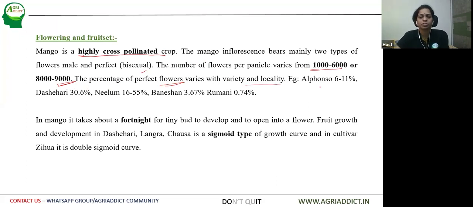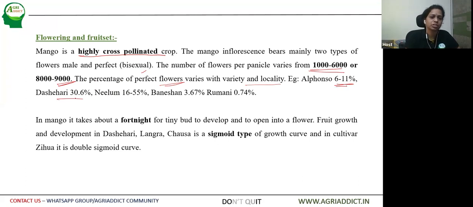Among the varieties, it is 6 to 11% only of the total flowers. If an inflorescence bears around 1,000 flowers, only 60 are bisexual flowers.